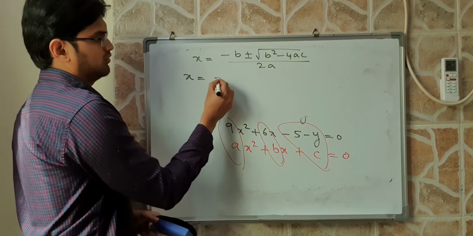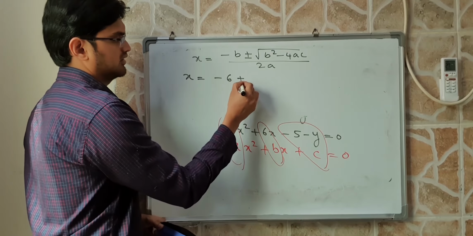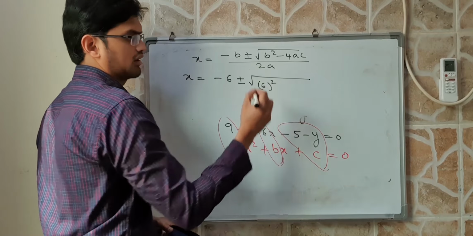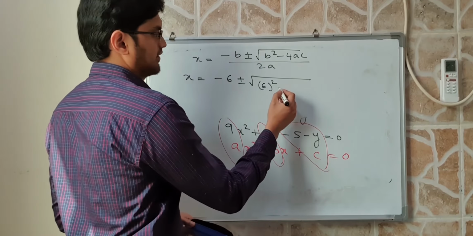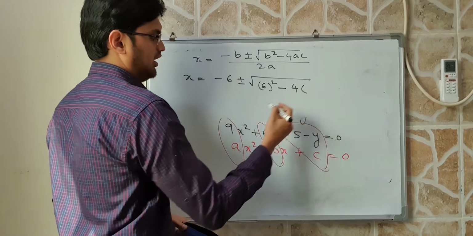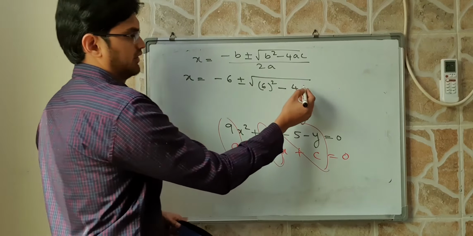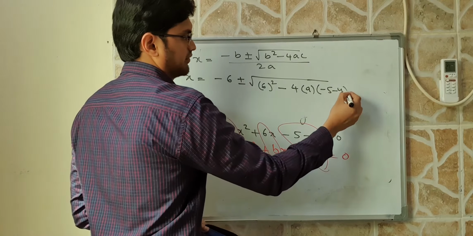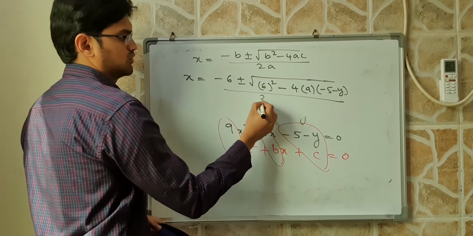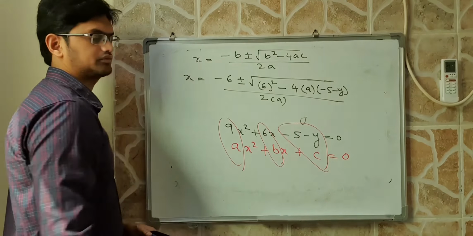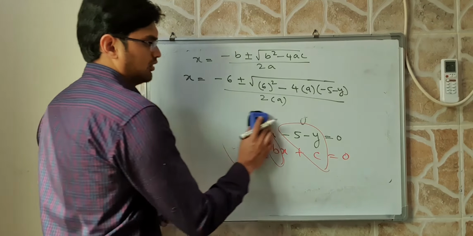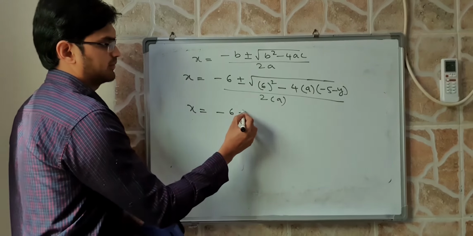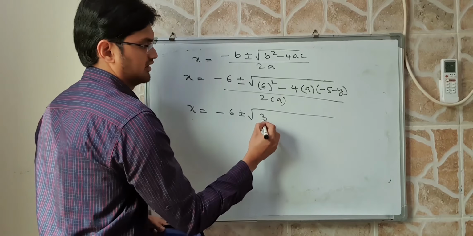So let us apply the same thing. x is equal to minus 6 plus or minus square root of 6 squared minus 4a. A is what here? 9. C is what here? Minus 5 minus y, by 2 into 9. So what are we getting? x is equal to minus 6 plus or minus, let us solve this, 36.